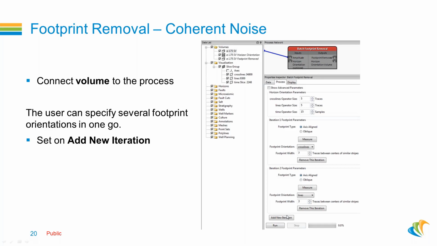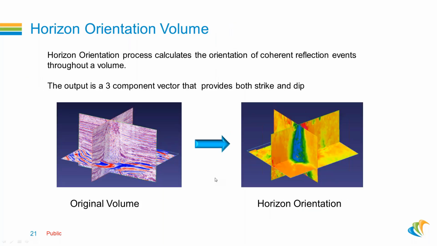We can do that by adding a new iteration and then setting up different cross-line, inline, and oblique orientations, and then run one unique process, and at the end, we will get one horizon orientation volume as a result of that, and of course, the conditioned volume.